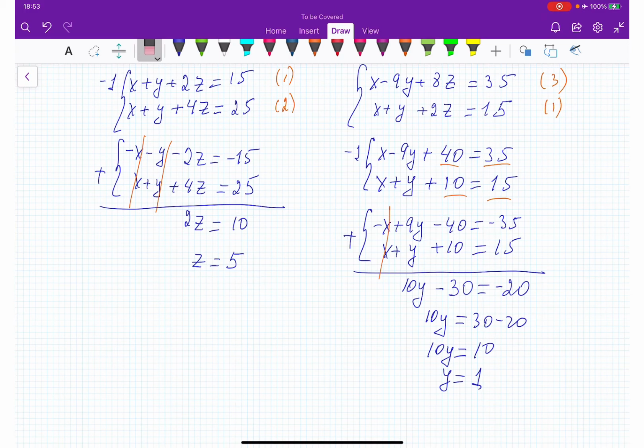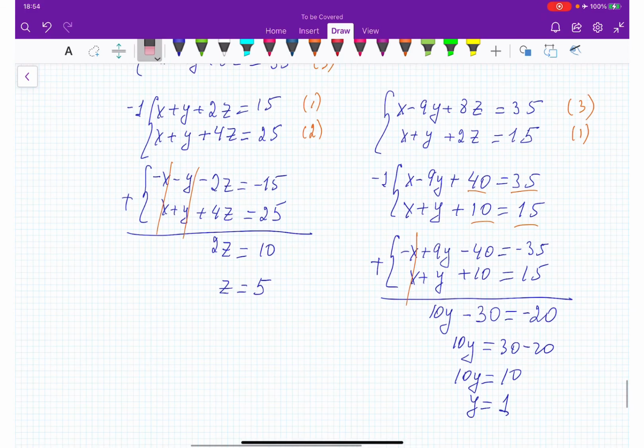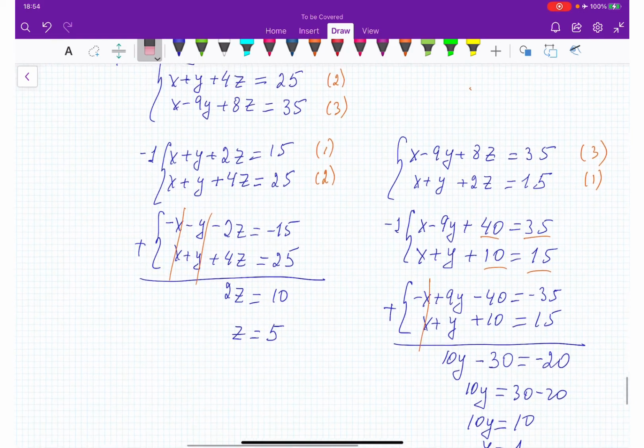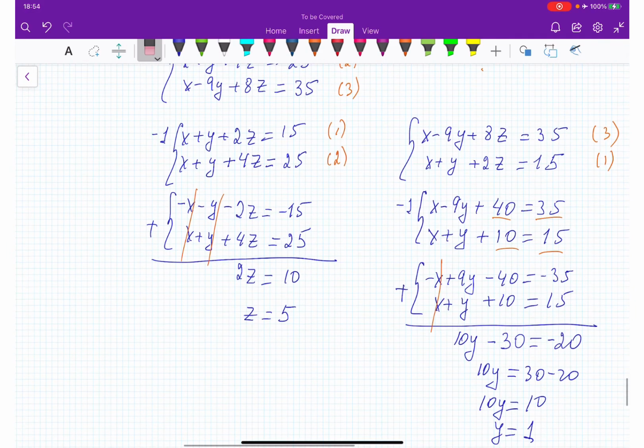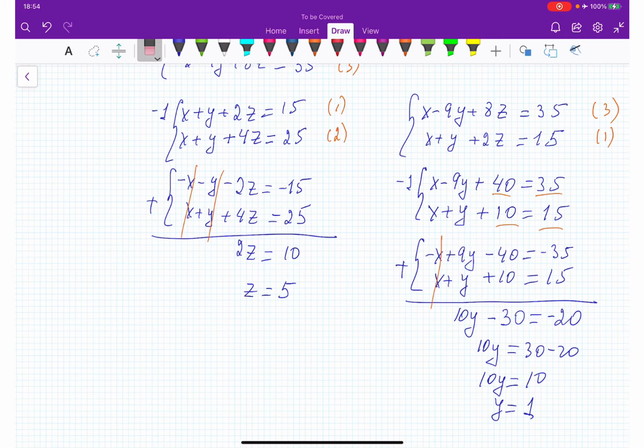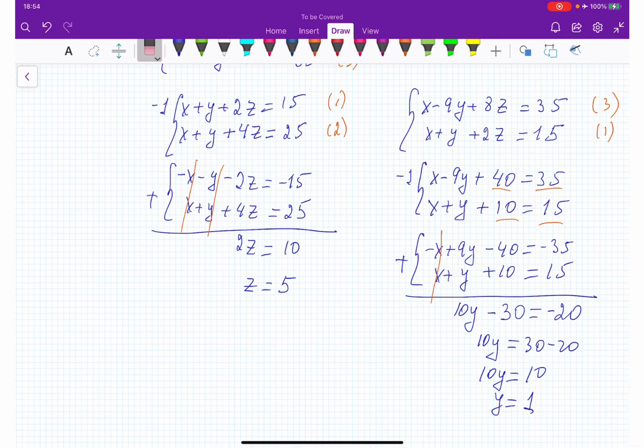Now what do we have left to find? x. We have z, we have y. So where do we want to plug? I'm going to plug into the first one, x plus y plus 2z, right here, because x is by itself, so it's easy. x plus y plus 2z is equal 15.